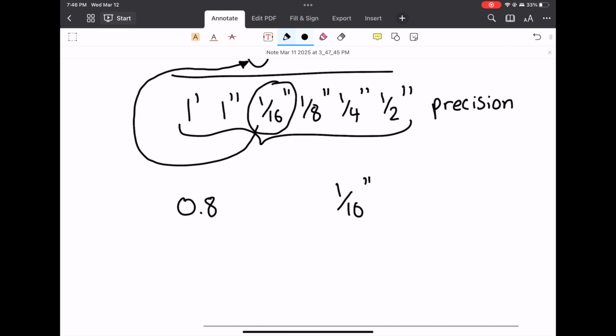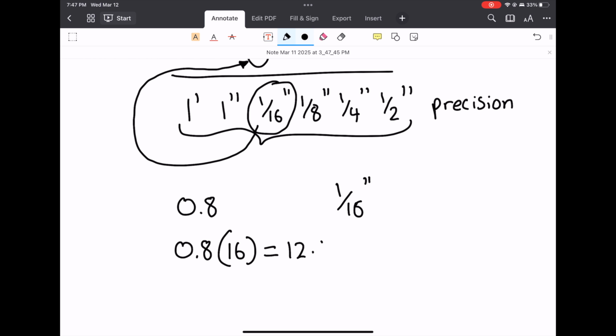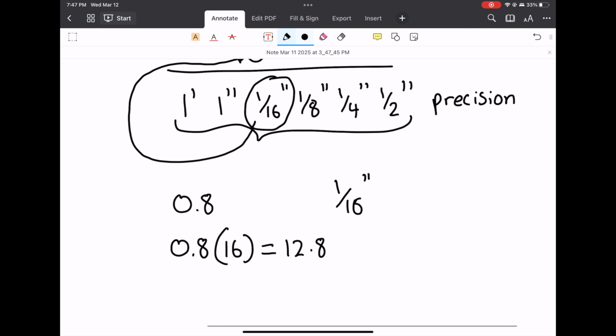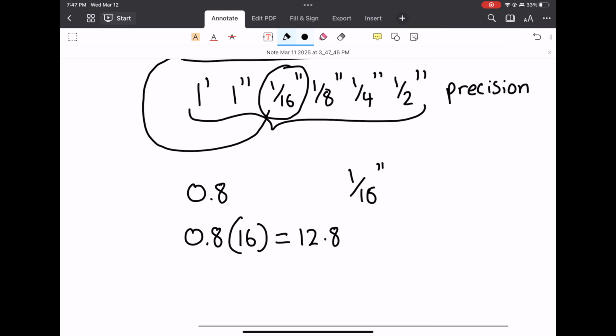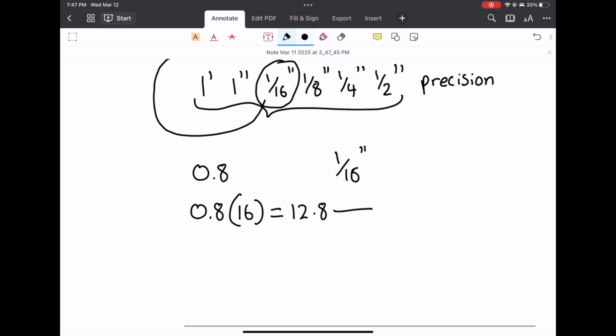So we do 0.8 times 16, to see how many 1/16 of an inch is 0.8. And let's see what we get. We get 12.8 over 16.